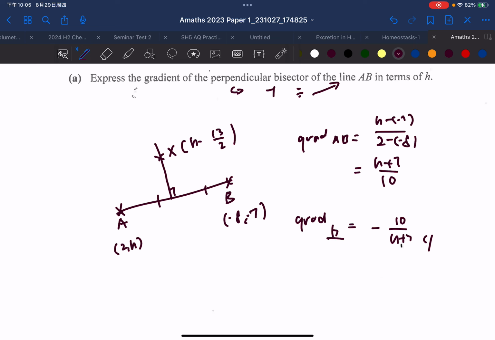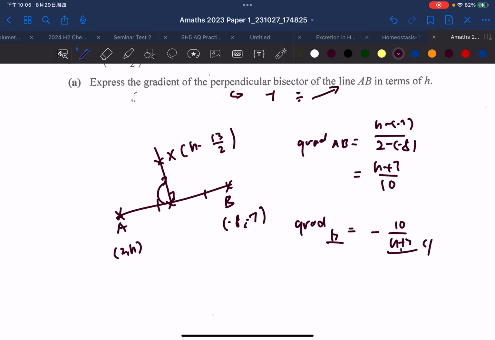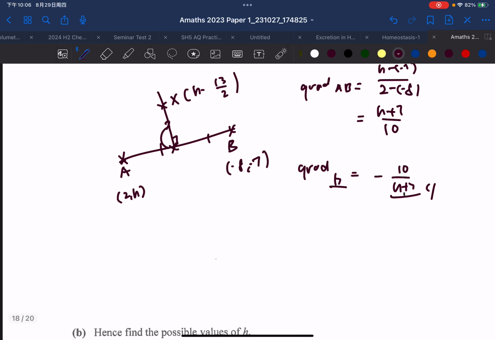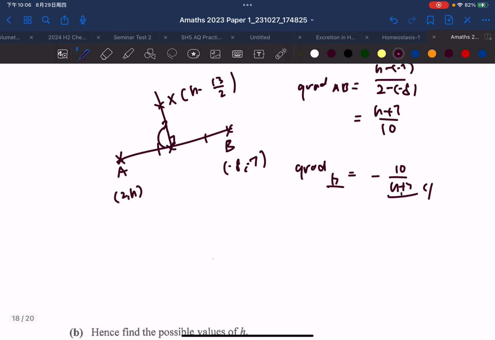You either find the midpoint of AB, and you prove that the midpoint of AB and X, with these two coordinates, will give you this gradient, because the midpoint of AB passes through the perpendicular bisector. Because the perpendicular bisector cuts the line into two equal parts, or you can find the equation of both lines and then you manipulate with the coordinates. You sub in the coordinates and see whether you'll be able to get an h.